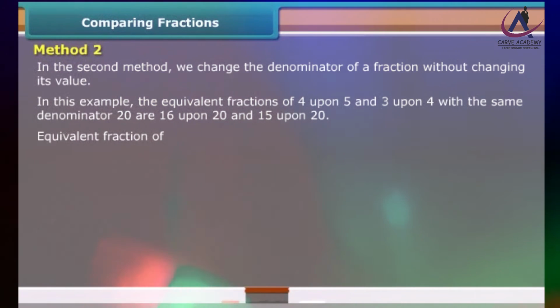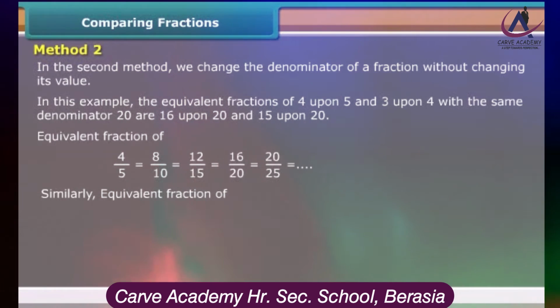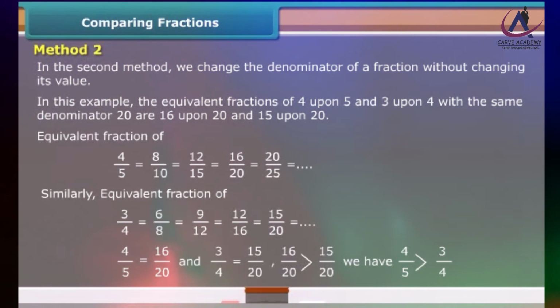Equivalent fraction of 4/5 is equal to 8/10 equals 12/15 is equal to 16/20 equals 20/25 equals so on. Similarly, equivalent fraction of 3/4 is equal to 6/8, which equals 9/12, which is equal to 12/16, which is equal to 15/20, and so on.